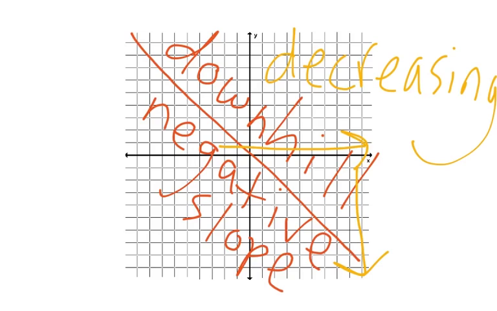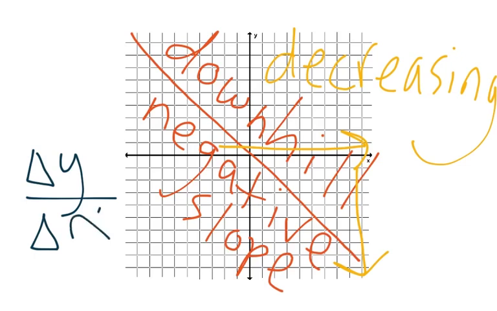You still always want to consider your vertical change over your horizontal change, so that your ratio always has the same format. But generally when you have that downward sloping, one of those values is negative, and I'll explain that in the next screen.